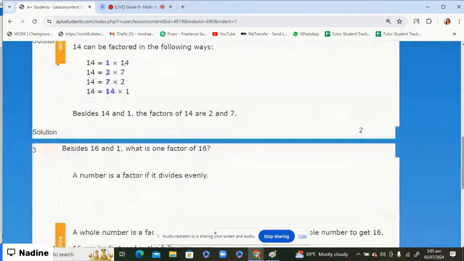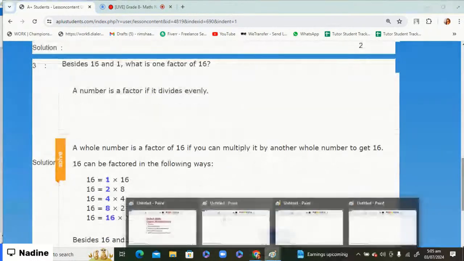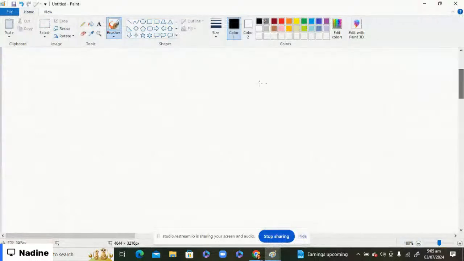Like for example, if I write 6: 2 times 3 is 6, 3 times 2 is 6.